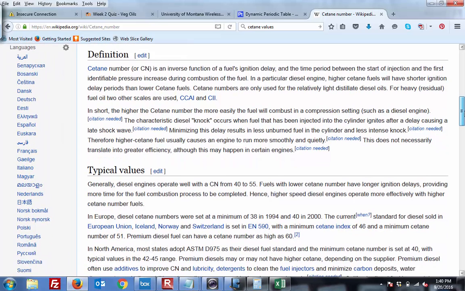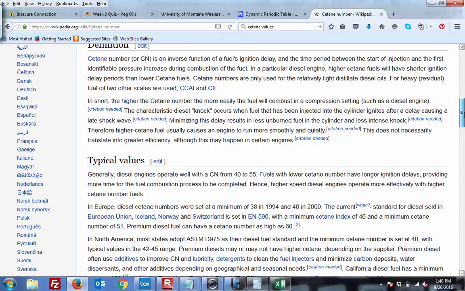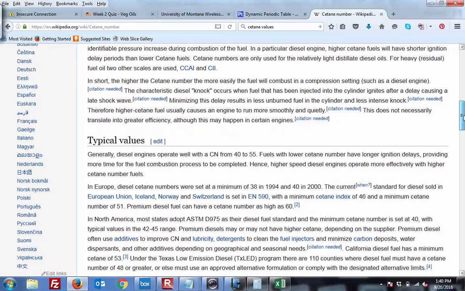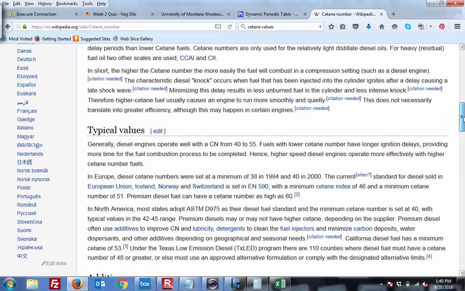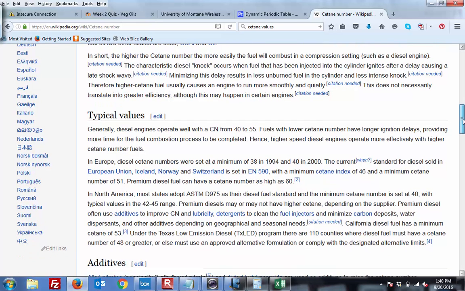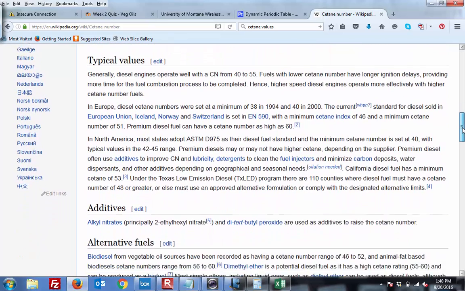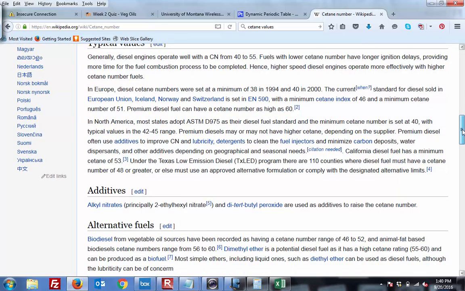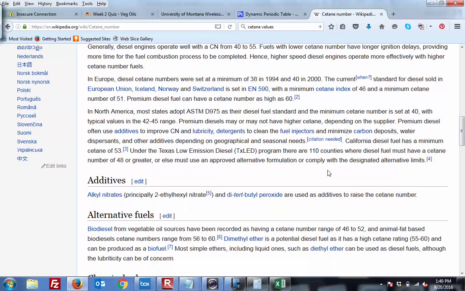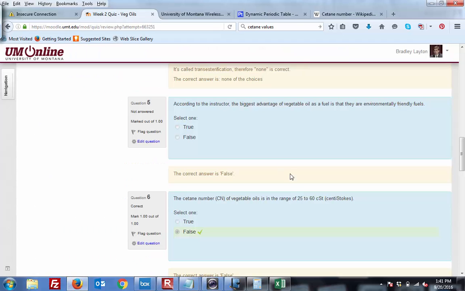Getting all stoked with some centistokes. You gotta use 100 centistokes to get one stoke. So here we go. I think that's really all it comes down to, the cetane number is not measured in centistokes. Centistokes is a measure of viscosity, not cetane number.